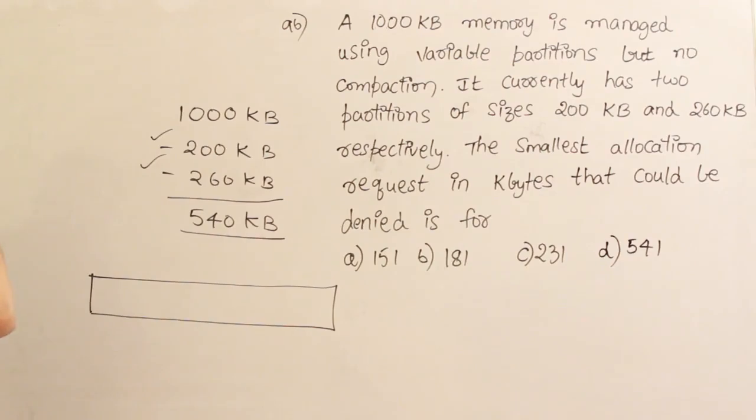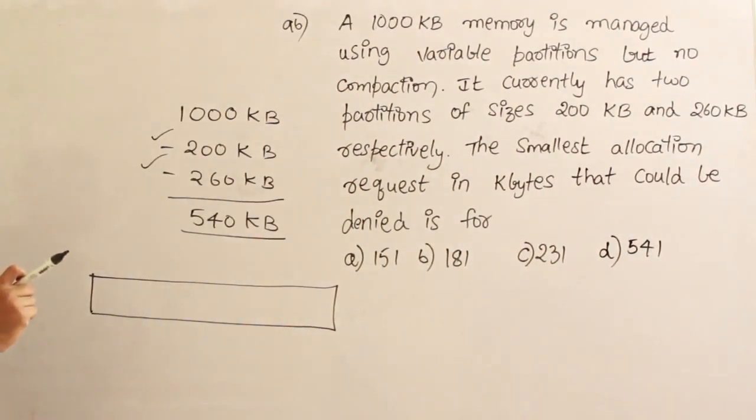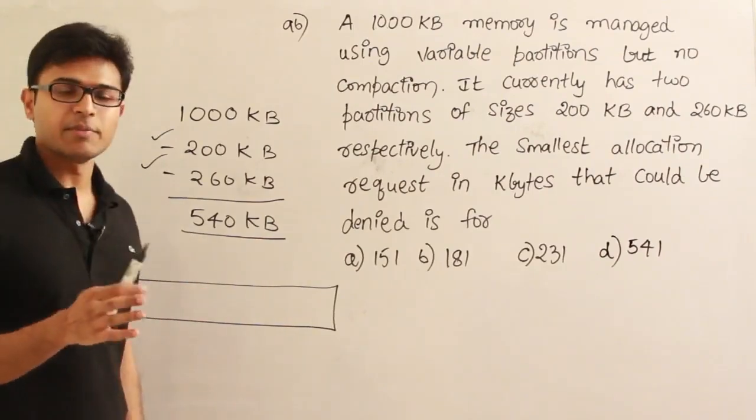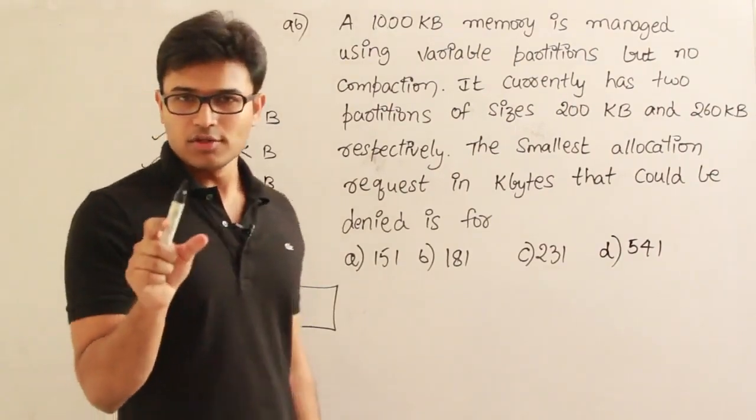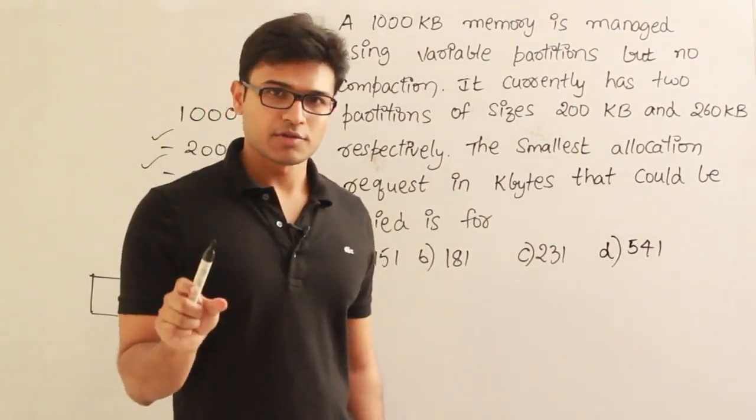So one thing is, if you have to get smallest partitions possible, then there should be more parts, isn't it? If there are many holes in the memory, then the hole sizes will be as small as possible, right?